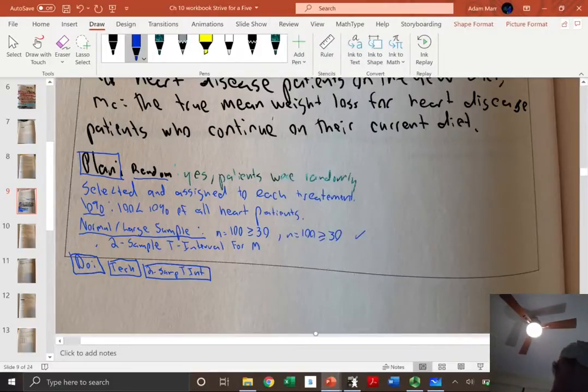So for do, what do we have to put? We put the tech, 2-sample t interval, and we have right here the actual interval is 0.68274 up to 3.1173.